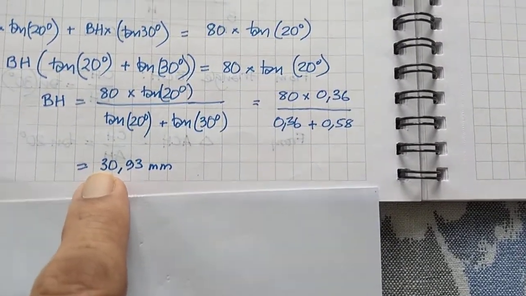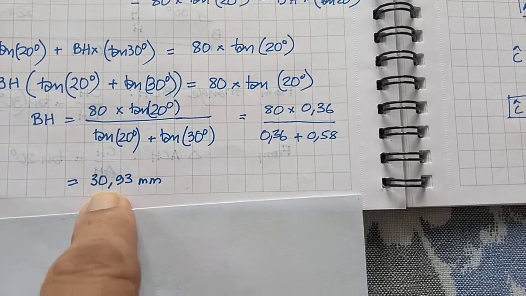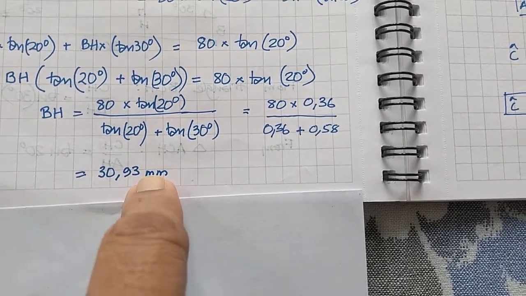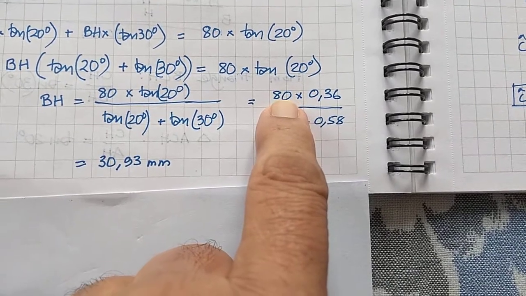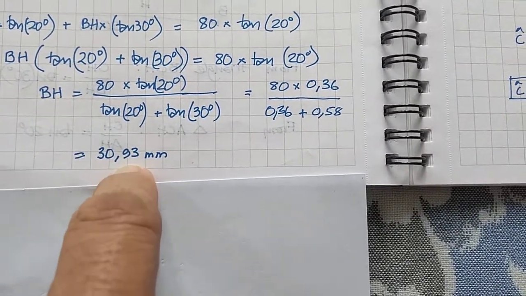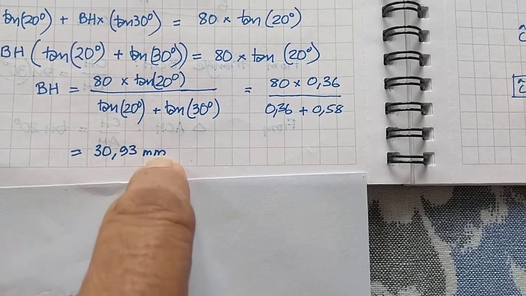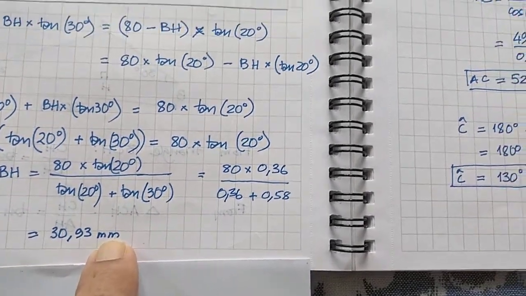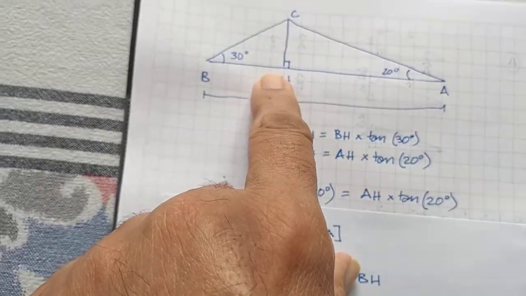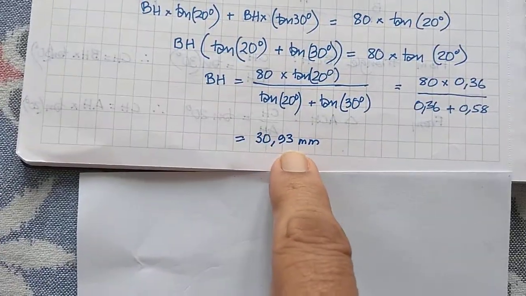And when I calculate this, I get 30.93 millimeters. I get millimeters because 80 is also 80 millimeters. So BH is 30.93 millimeters.